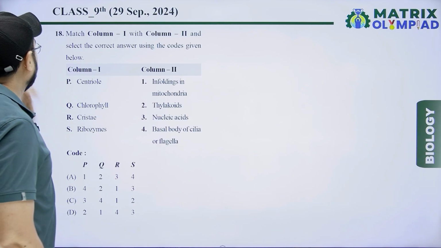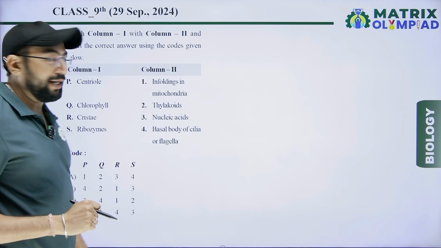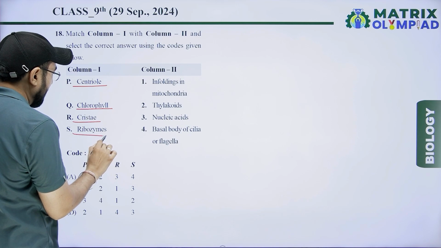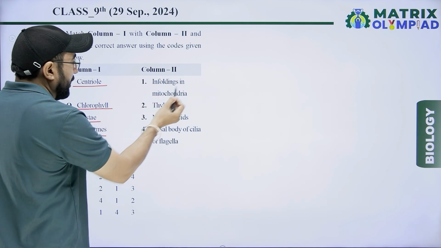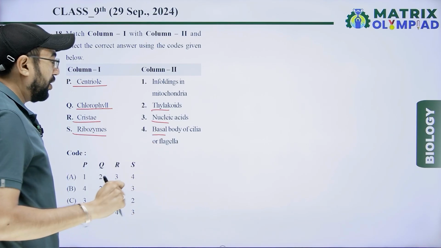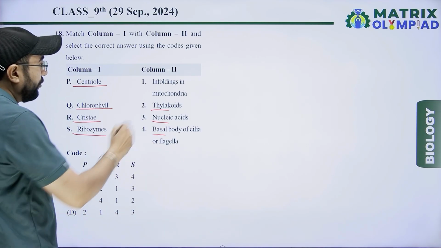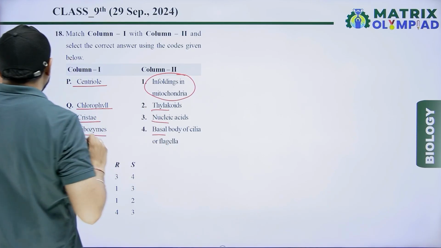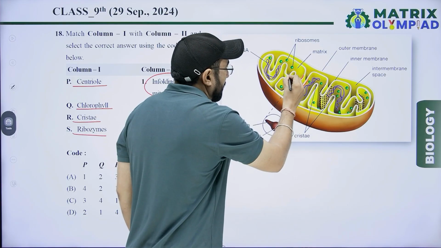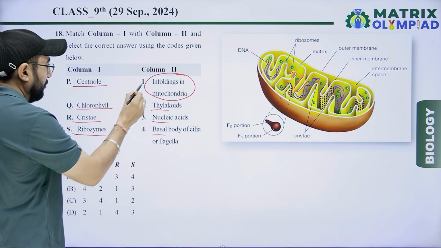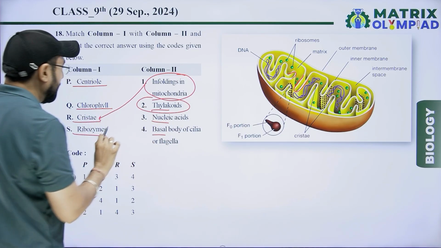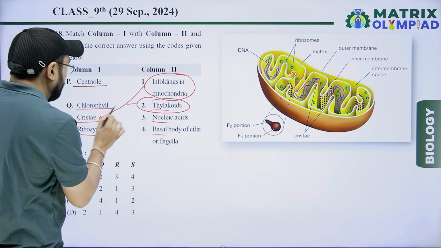Next question is, match column first and second. Centriole, chlorophyll, cristae, ribozyme, and infolding in mitochondria, thylakoid, nucleic acid, basal body of cilia or flagella. Infolding in mitochondria is cristae, the folding structure, so cristae relates to R. Next is thylakoid, present in chloroplast, related to chlorophyll.